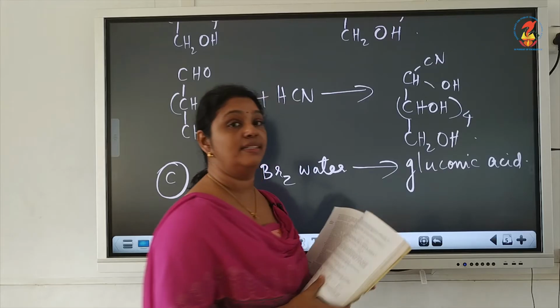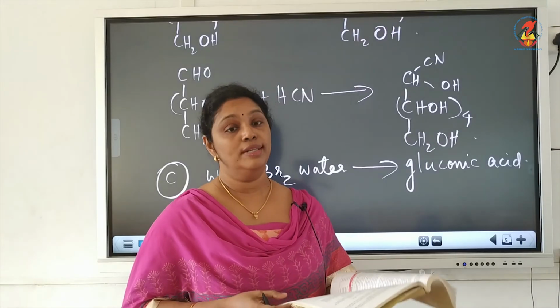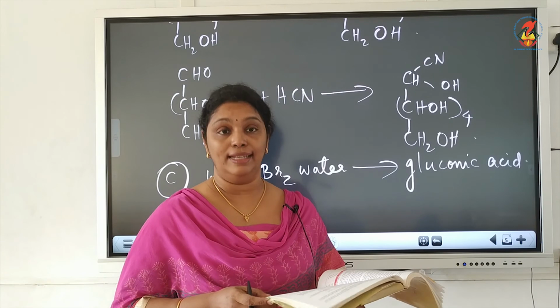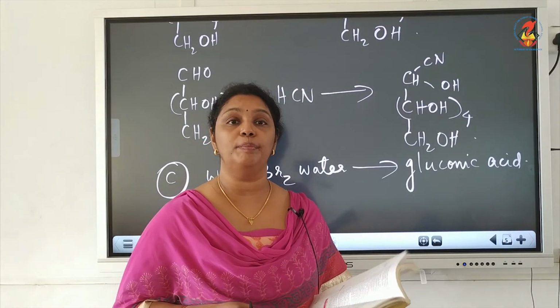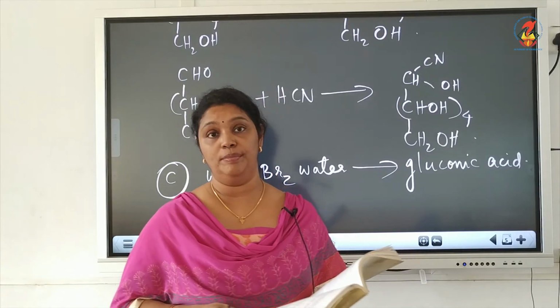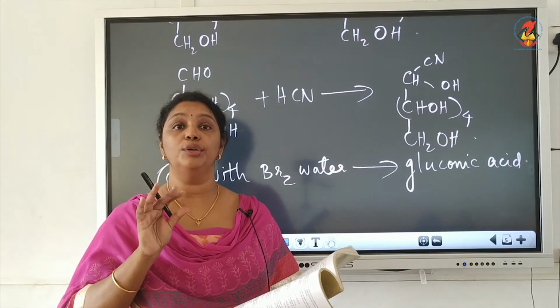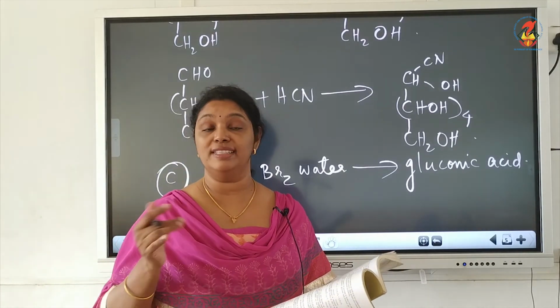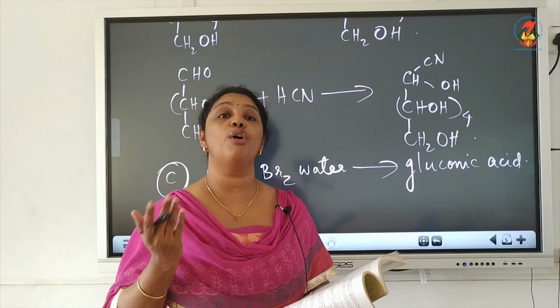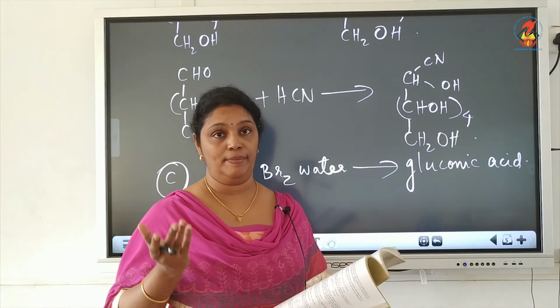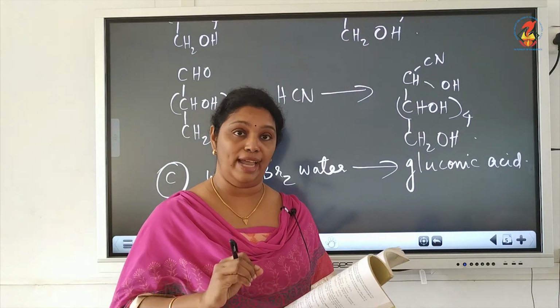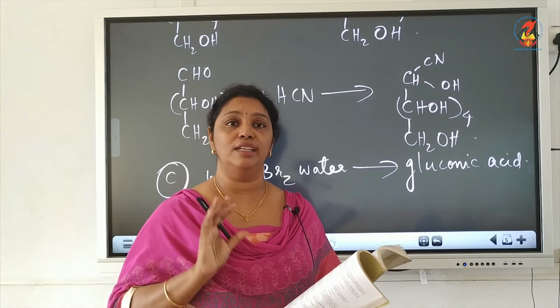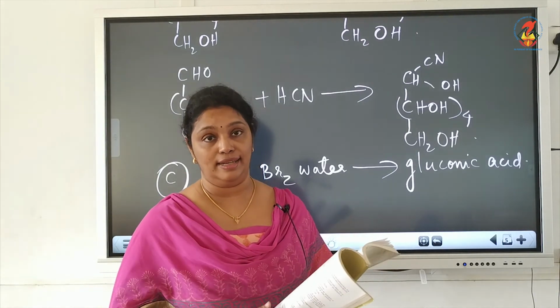Gluconic acid means that CHO gets oxidized to COOH, and this indicates that the carbonyl group present is an aldehyde group, because the aldehyde group, even with a mild oxidizing agent, gets oxidized, whereas the keto group requires strong oxidizing agents for oxidation. So this reaction proved that the carbonyl group present in glucose is aldehyde.